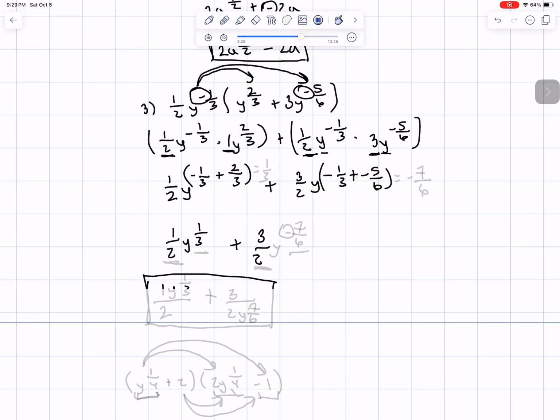What about for the second one? When I do negative 1/3 plus negative 5/6, I get a negative 7/6. Remember, this is negative 7/6, and this is 1/3.